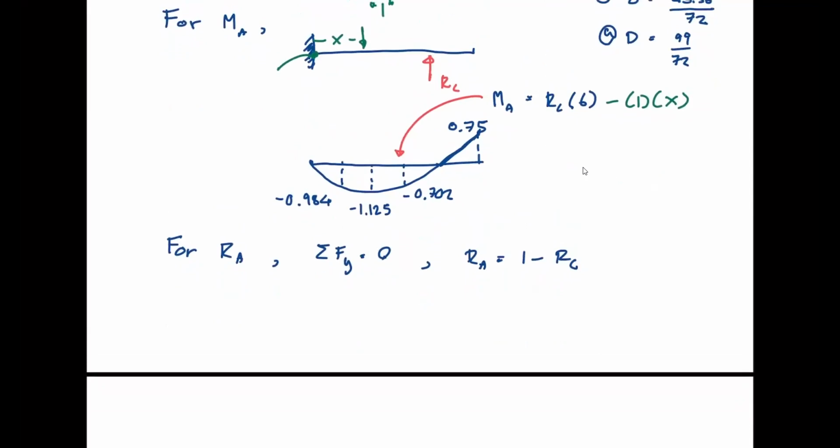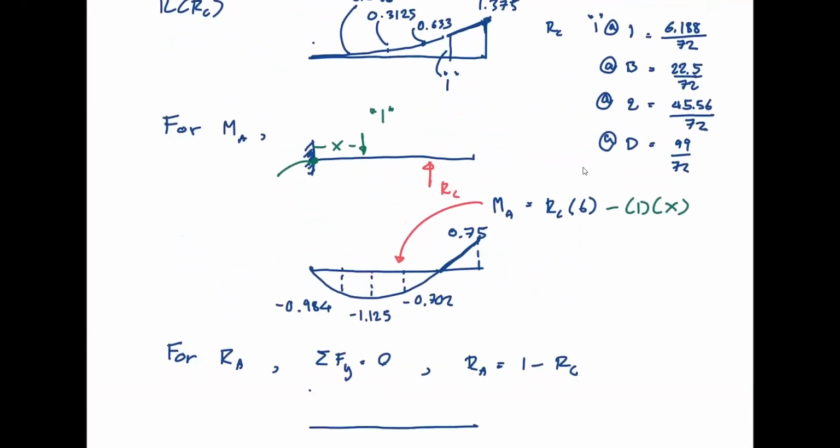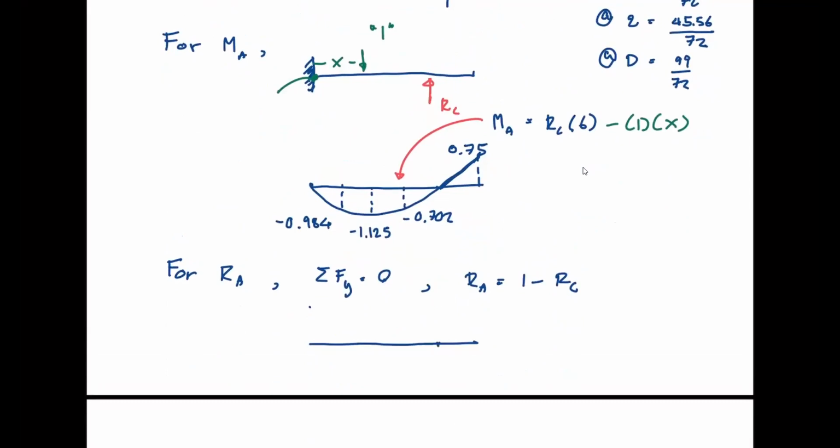And you have something like this. Because RC is like that, so RA should be something like this. And then this again, a straight line.